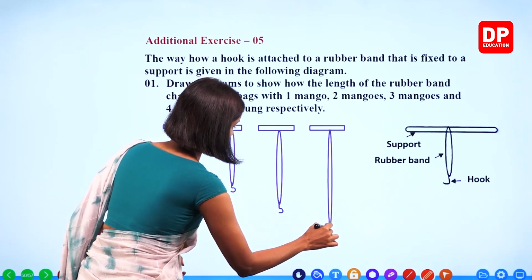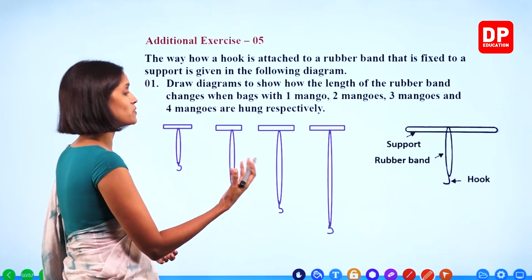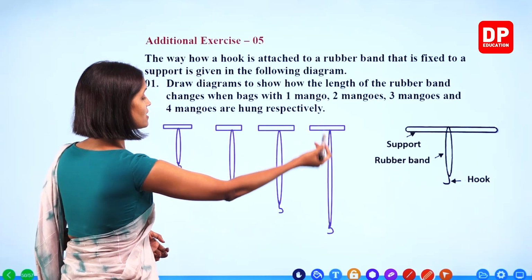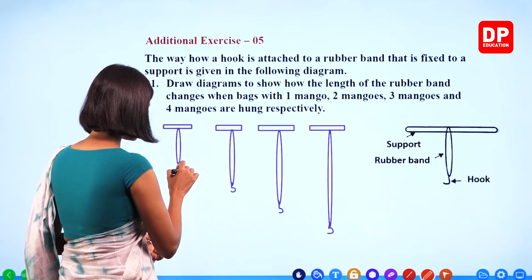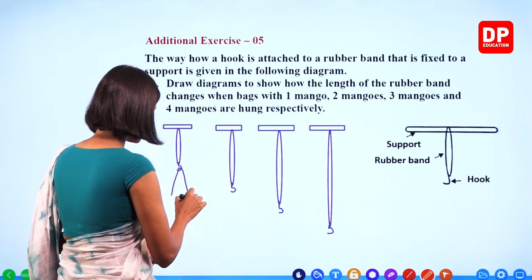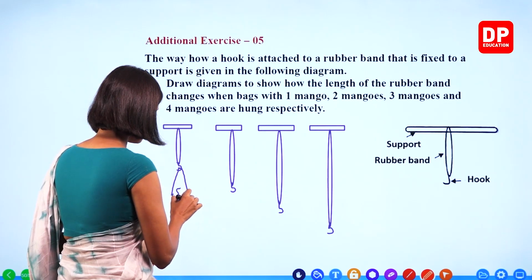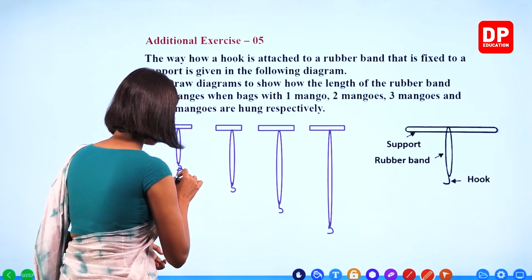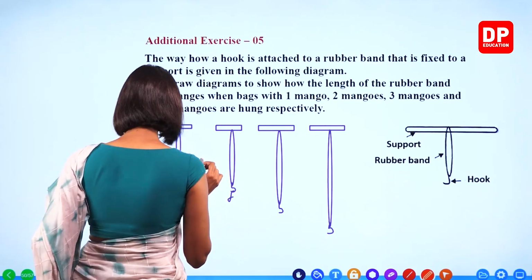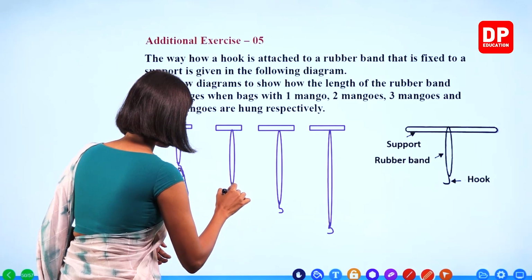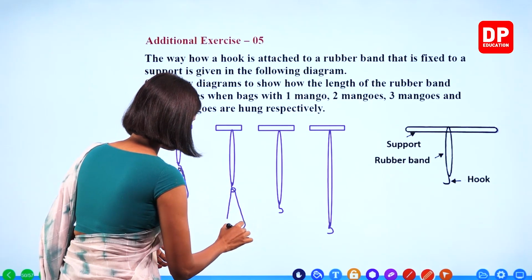So what you have to show is, when the number of mangoes increases, what happens to the length of stretching of this rubber band. Only 1 mango here. In this bag, 2 mangoes.